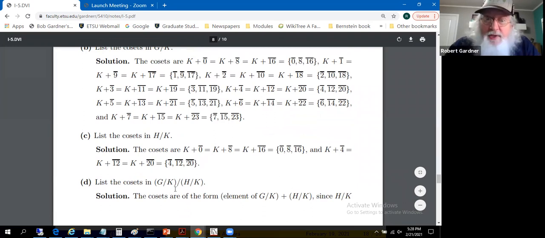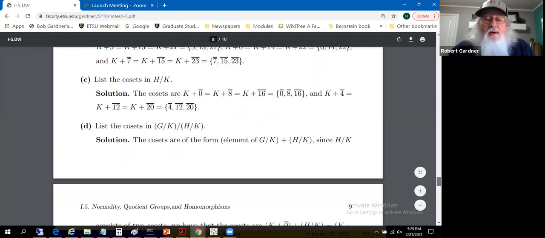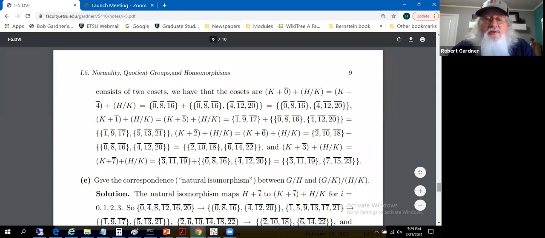Okay, now it gets a little more interesting. Cosets of H mod K in G mod K. Okay, again, let's gloss over the arithmetic. Let's just look at the format of them. What you get is sets of sets.